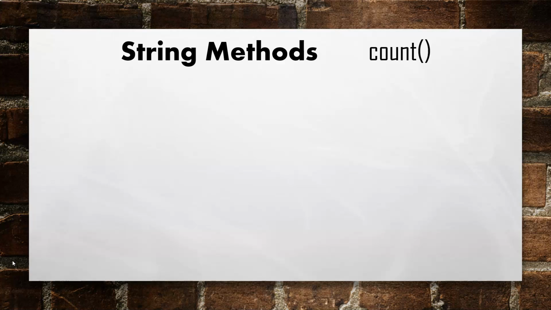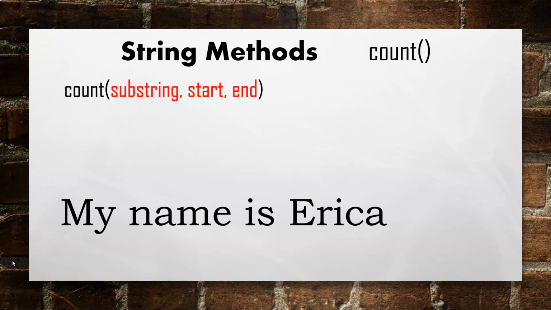Now another way that you can call the count method would be to pass it 2 more parameters. You can pass it the start parameter and the end parameter. Now let me explain. When you have the string my name is Erica, Python is going to assign each character a location.